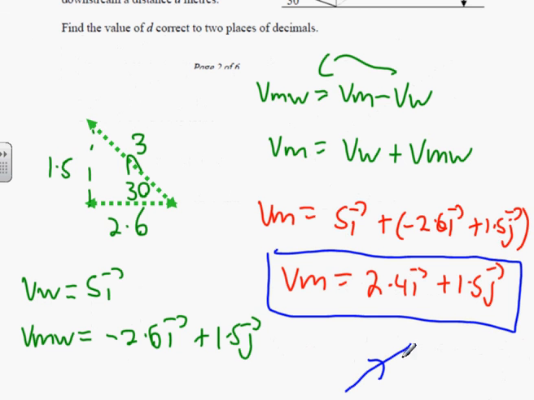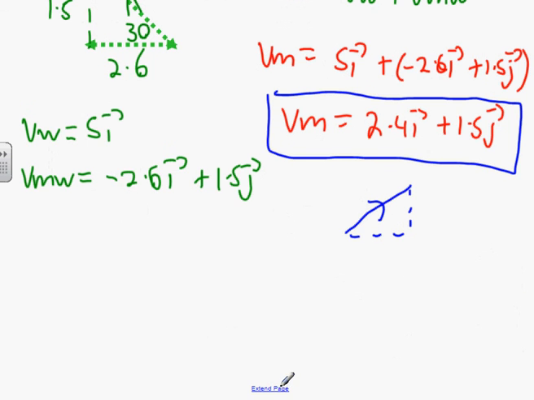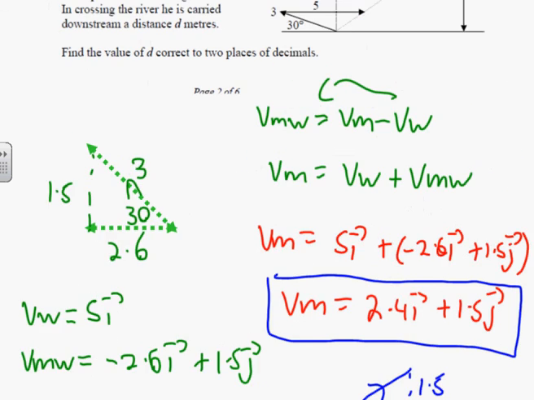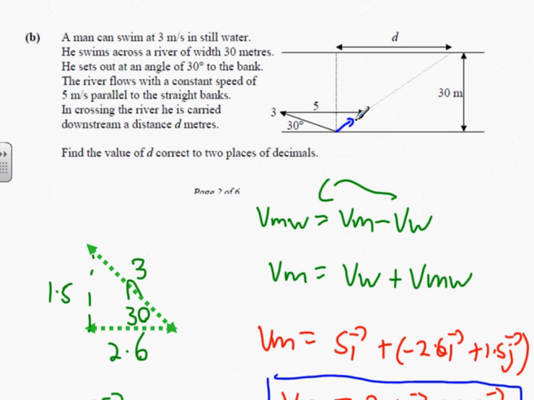That's going in northeast, isn't it? Well, not exactly northeast, but for every 2.4 you go across, you're going to go up 1.5. So that means every second you're going this direction up here. 2.4, 1.5, 2.4, 1.5, 2.4, 1.5. Until eventually you cover 30 meters directly upwards.